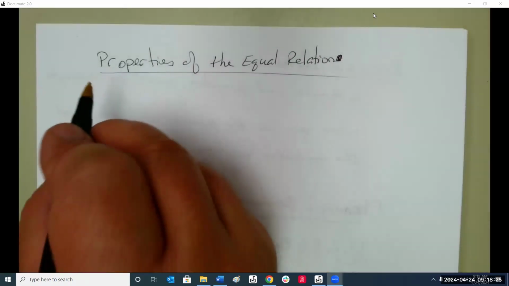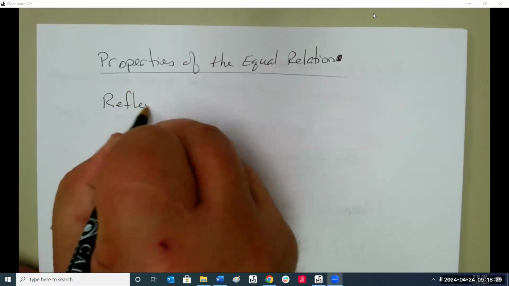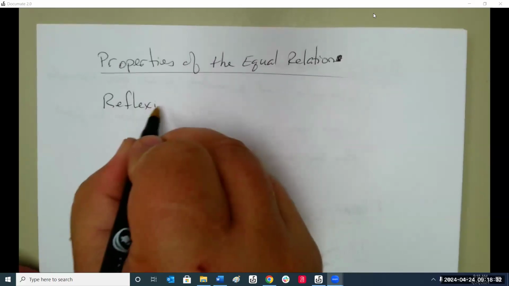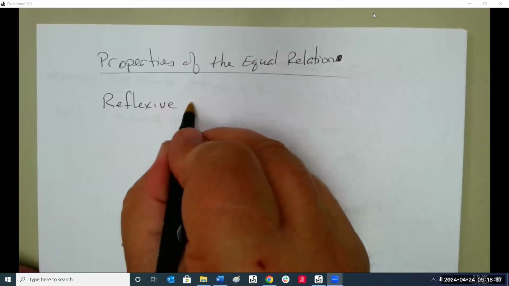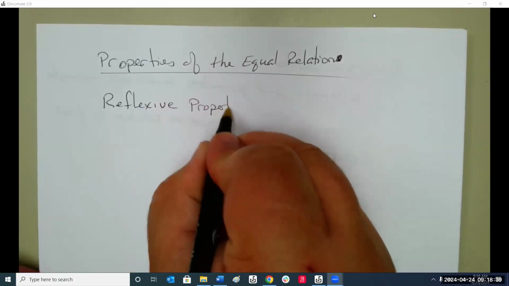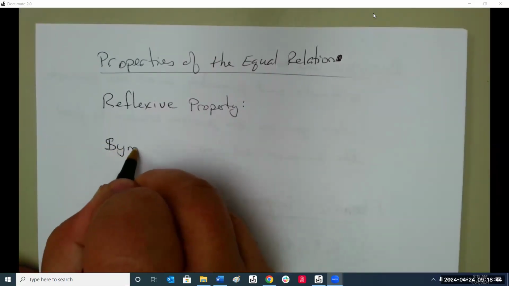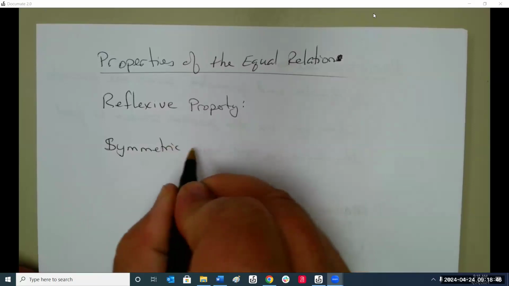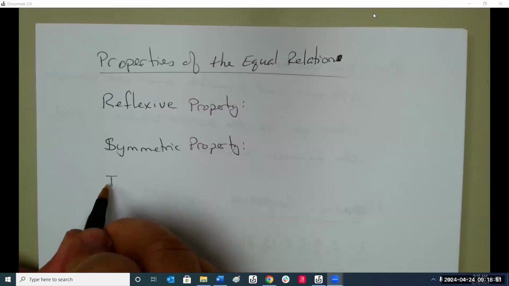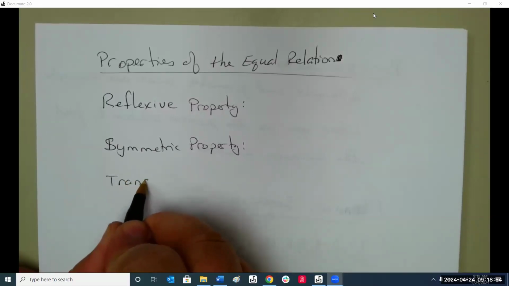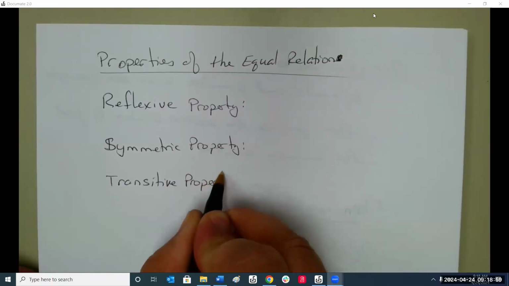We have 3 types: the reflexive property, the symmetric property, and the transitive property.